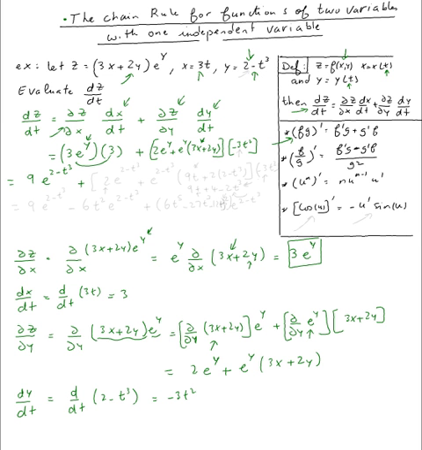Plus 2e to the (2 minus t cubed), plus e to the (2 minus t cubed) times (3 times 3t, which is 9t, plus 2 times y). I'm just going to distribute it.